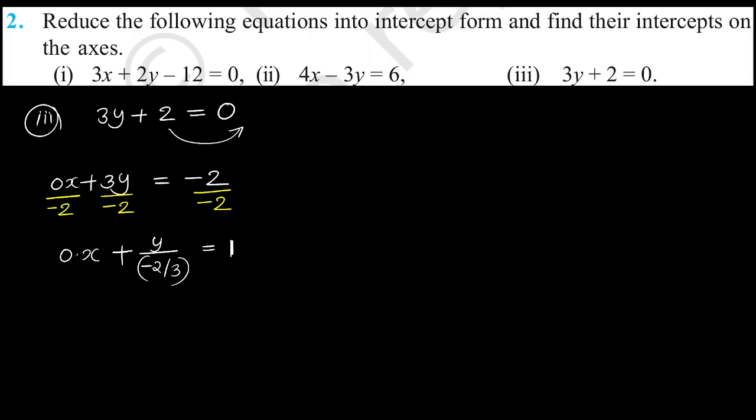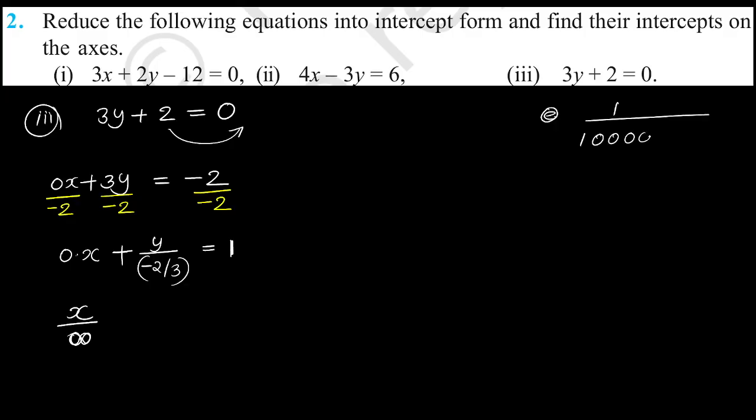So for 0x, which is 0 itself, I can write x by infinity. 0 can be written as 1 by infinity, but that is not right, just an adjustment. 0 is 1 by infinity. Why? What is the reason? I will tell you the reason. Because it is 1 by a very, very large number.